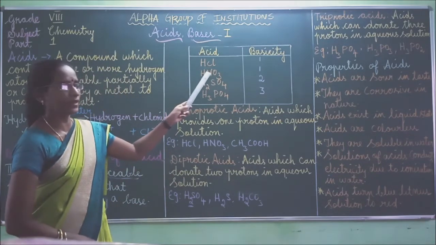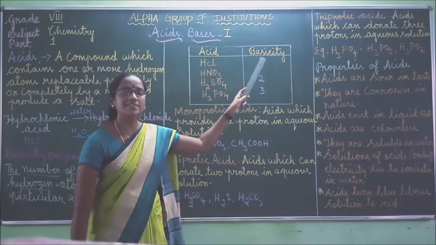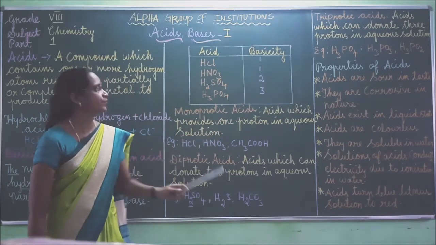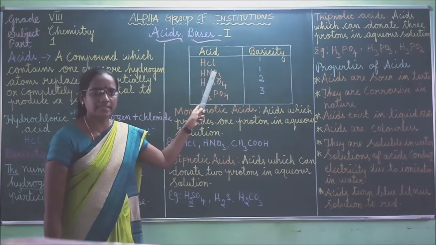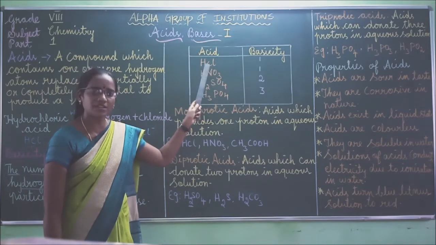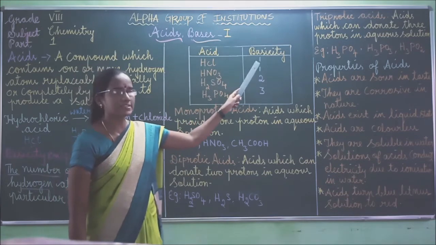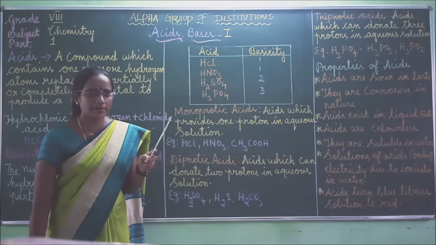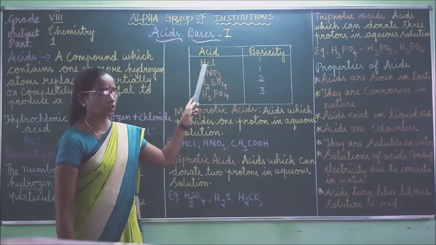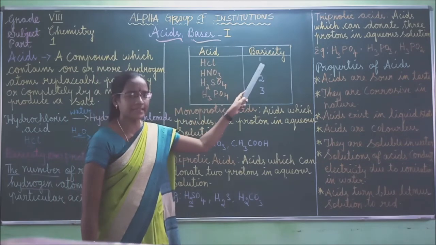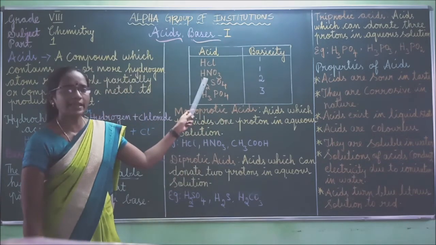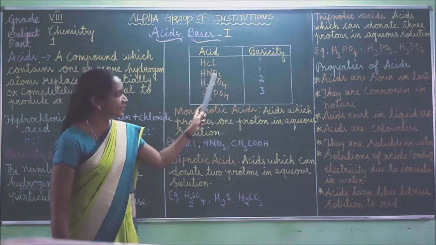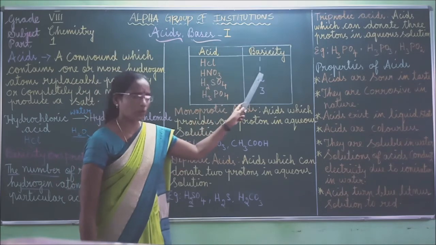Look at this tabular column. Various acids and their basicity are given. First one is HCl, hydrogen chloride. Its basicity is 1, since one hydrogen atom is present. So for hydrochloric acid, its basicity is 1. For nitric acid, its formula is HNO3, and its basicity is 1.